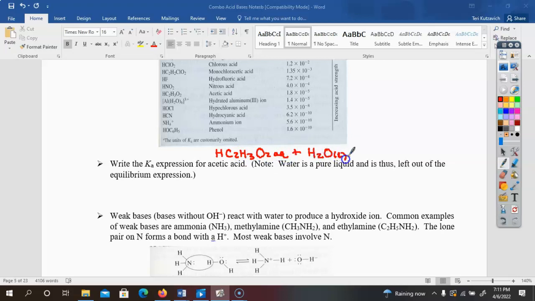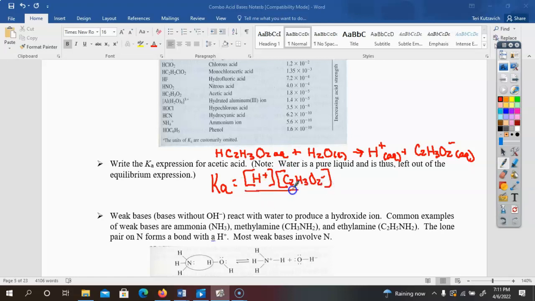It's going to be reacting with water, which is a liquid, and it's going to break apart into H+ aqueous plus C2H3O2- aqueous. For the Ka, you would ignore water, so the Ka is just the H+ concentration times the acetate ion concentration divided by the acetic acid concentration.